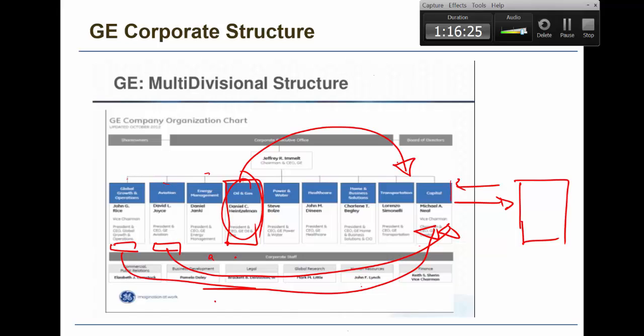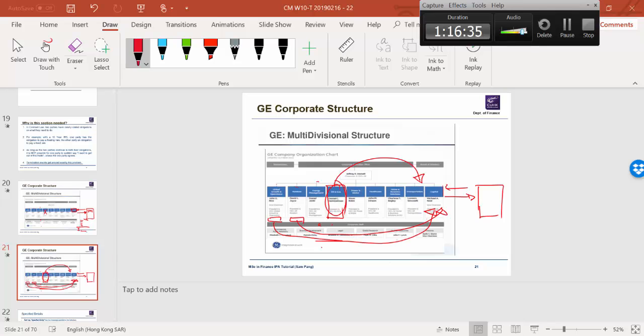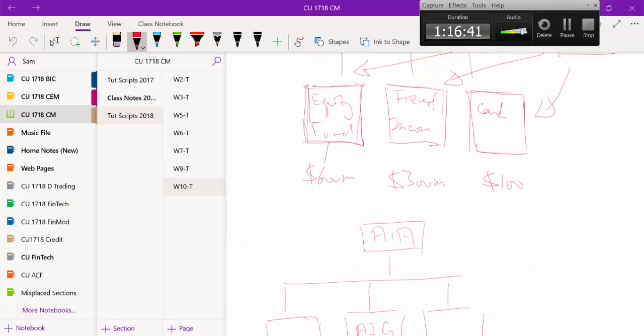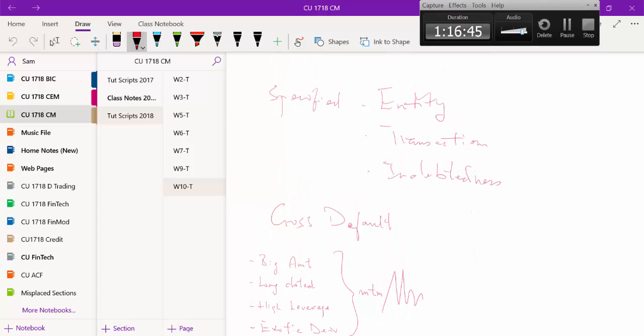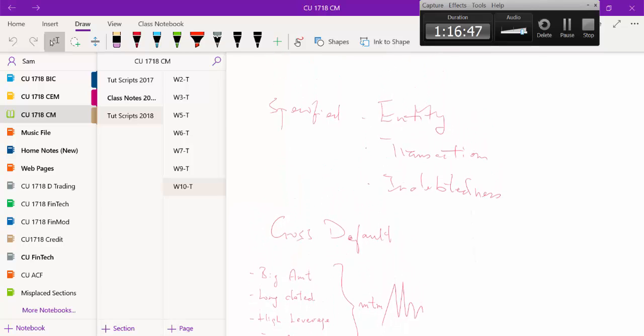Now, if you are, I'll tell you a couple more things. The first one is the idea of cross default. Have you ever heard of this term?